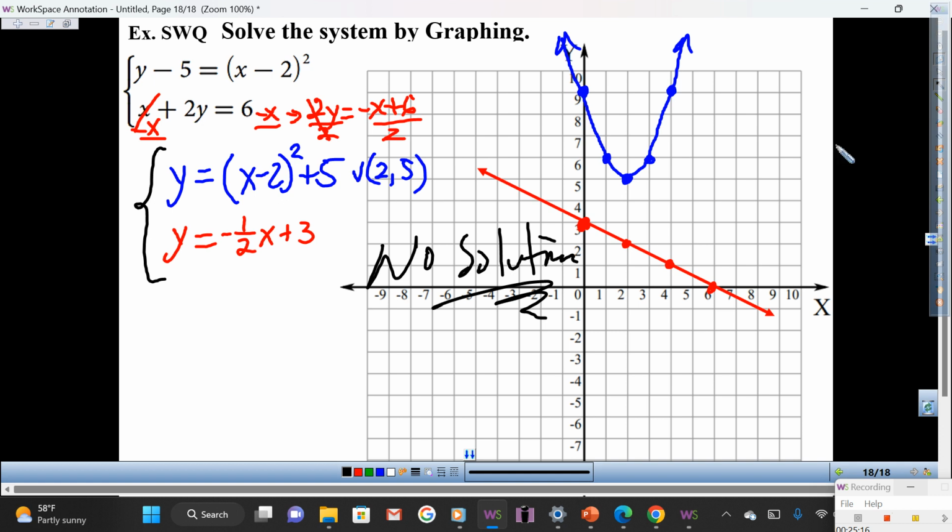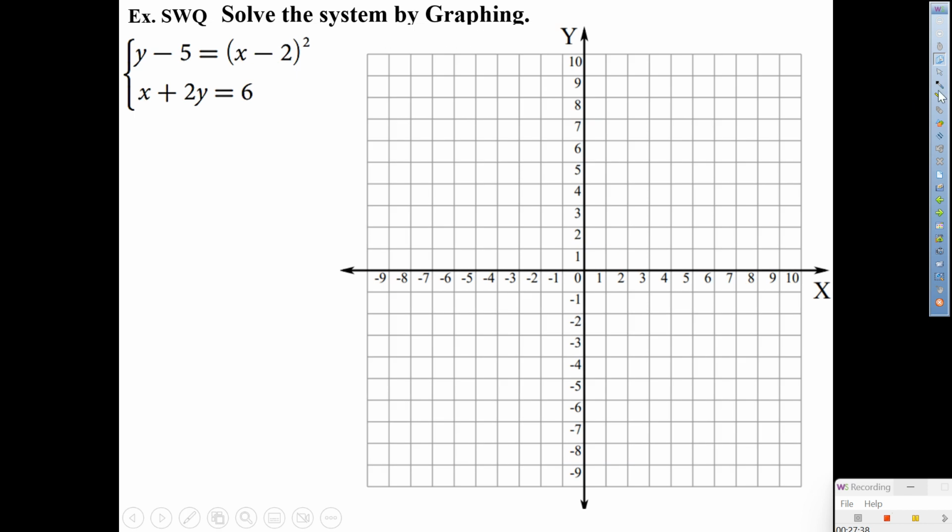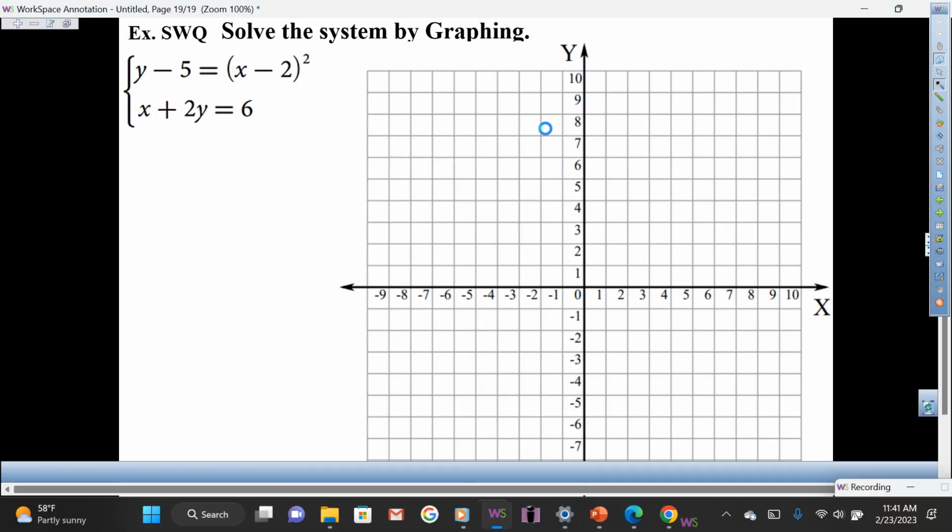Now, let me show you something really quick that's hidden in there. Hopefully you see it. Look up to the screen, writing utensils down. I'm going to take this equation and write it, but with this on the left and this on the right.